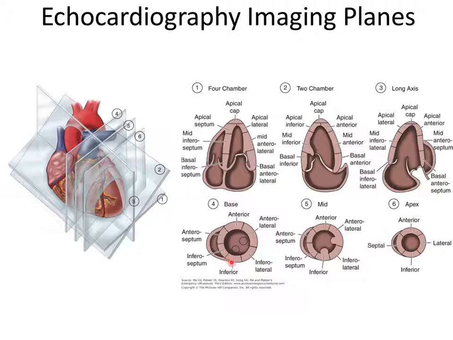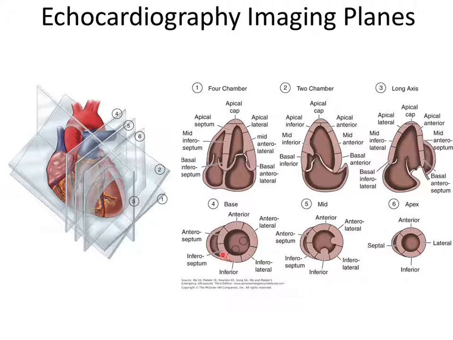If the heart is a clock face, we are looking at the heart from the patient's feet, and we're looking up towards the base of the heart from the apex. So from the feet of the patient towards the head of the patient. And in these views, we're looking right up the barrel of the heart, and the right ventricle is on the left side of our picture.